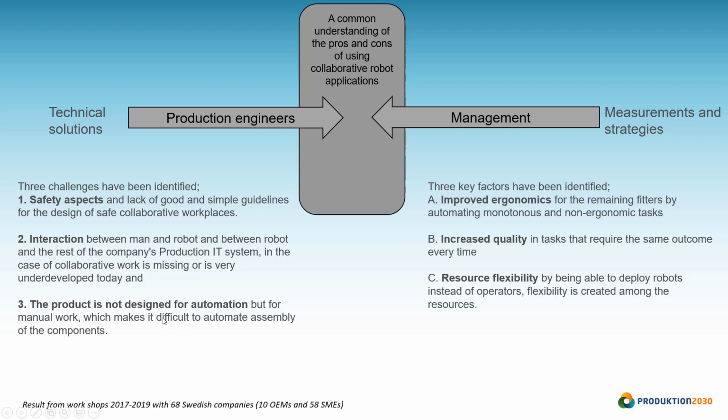And the 3 key factors that have been identified. Usually companies want to improve ergonomics by automating monotonous and non-ergonomic tasks, increased quality or more even quality in the task, and also resource flexibility, so that operators can do other things, maybe quality assurance and so on, or small sub-assembly, and then the robot can do other things.